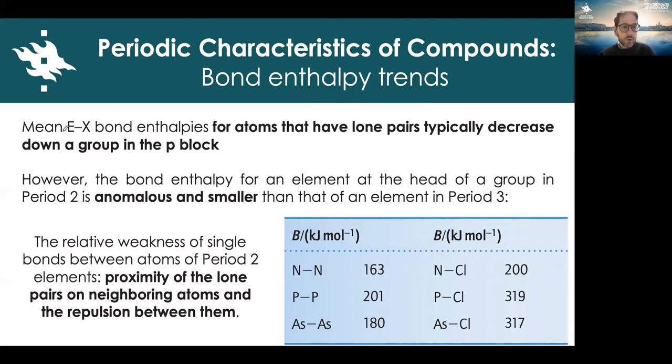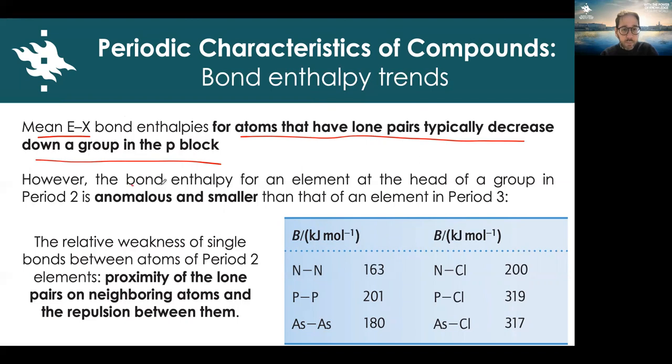All right, so the mean EX bond enthalpies for atoms that have lone pairs typically decrease overall as we go down a group in the P block, and this is because the elements become larger as we go down a group. So there's an increase in size as we go down the group.